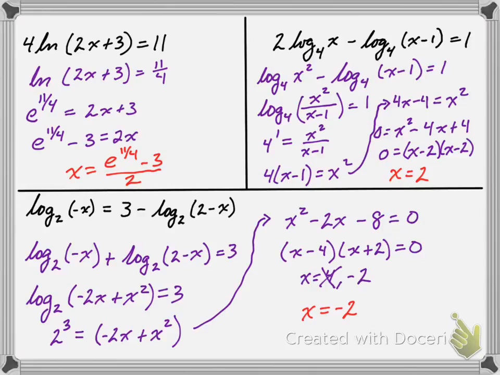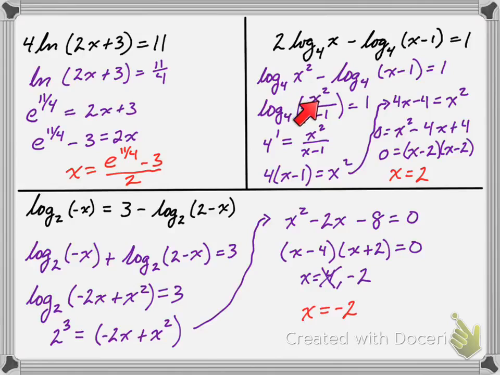All right, so here are your solutions to those problems. On the first one, remember we need to divide the 4 over to the other side first, convert it to exponential using e as your base value, and then solve for x. The next one, we had to move the 2 up to the exponent, which made it x squared.